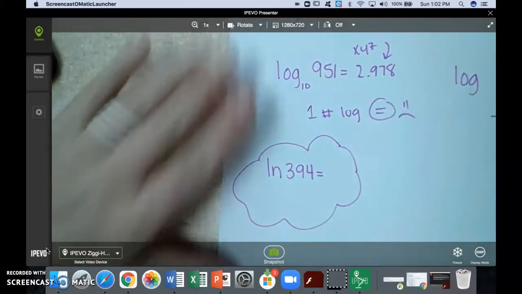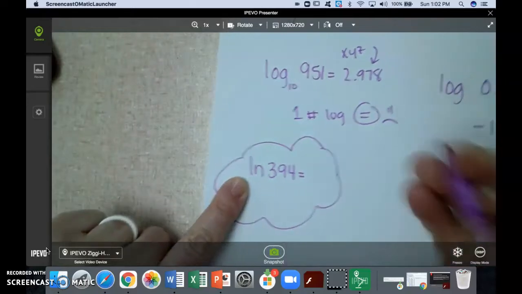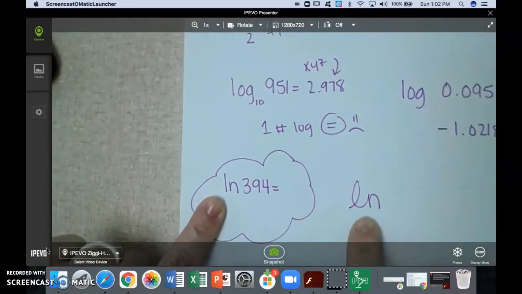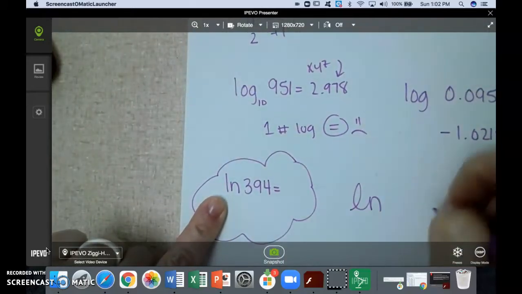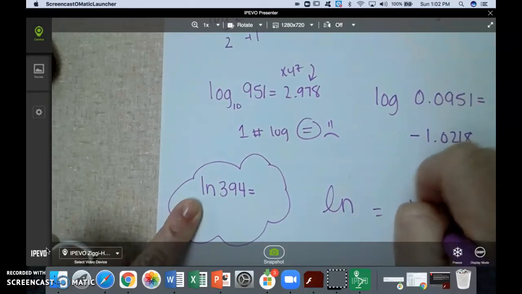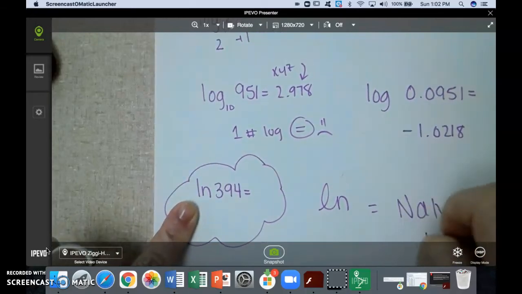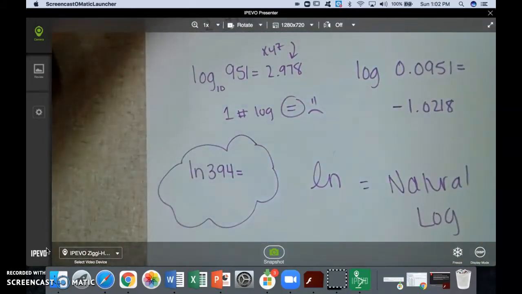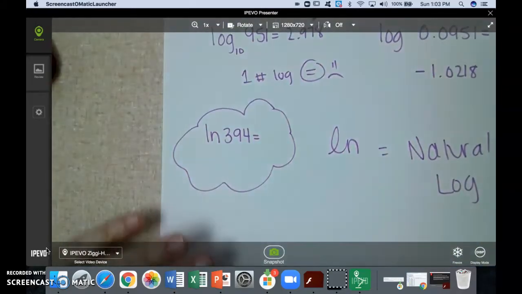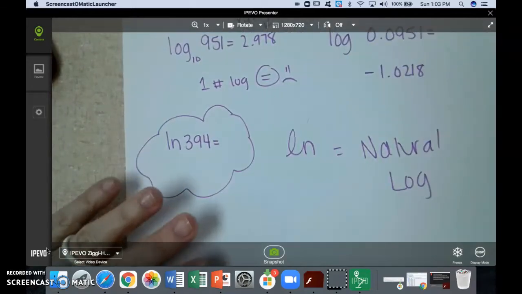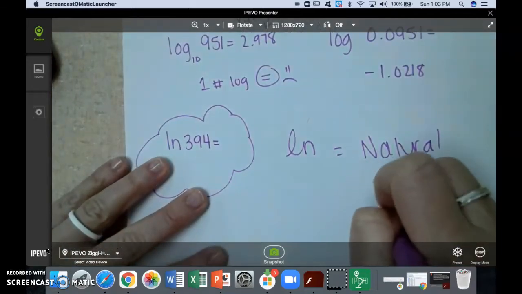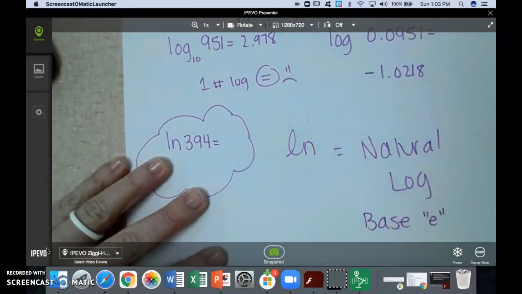All right, this is the new one. So this one, if you can see, it's an LN. Sometimes I write it like this as a cursive L and an N. This is called the natural log, so make sure you write that down. A natural log, we use a lot with exponential growth, exponential decay, those kind of things, and their base is E. It's like pi.